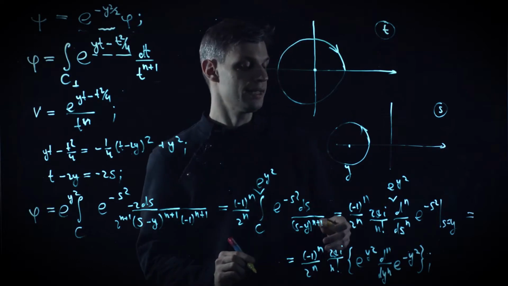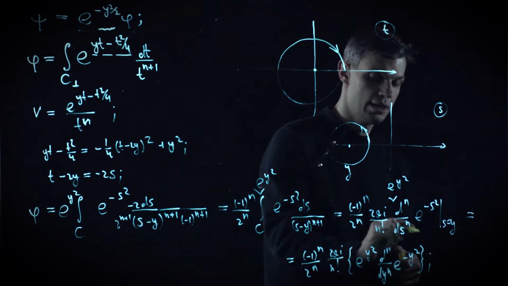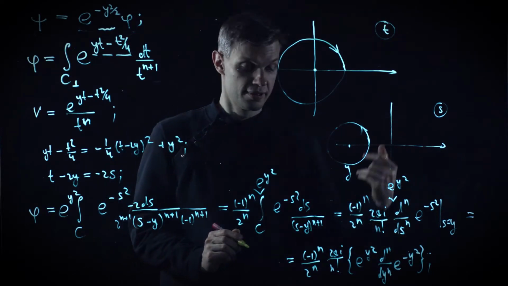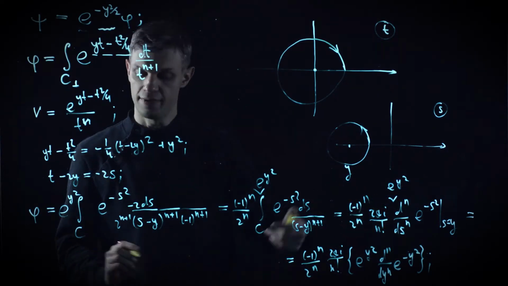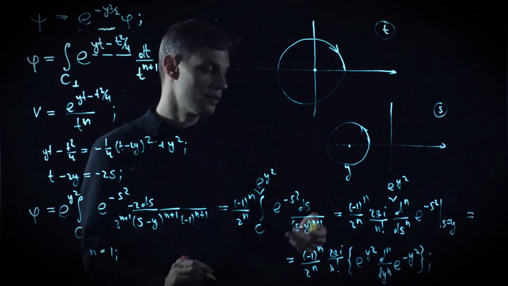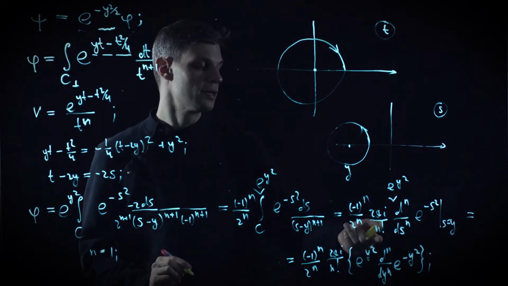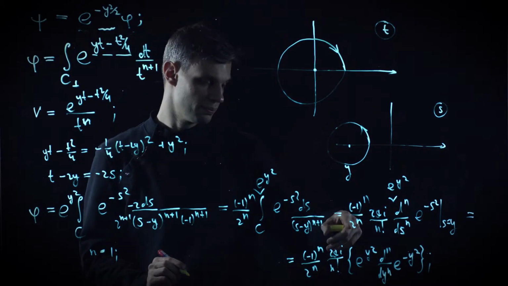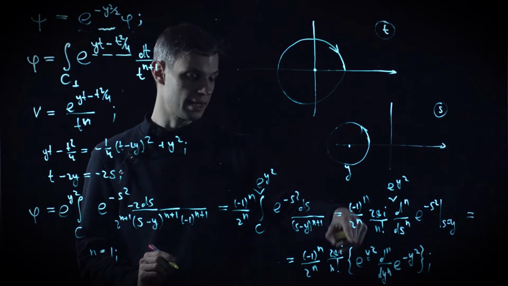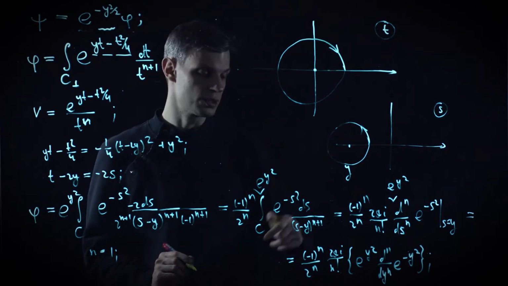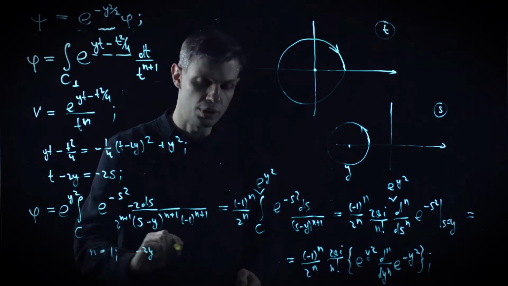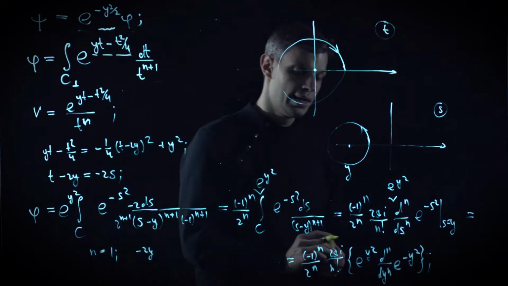Now let's study the structure of this expression in the curly brackets. For example, let's take the first derivative. If n equals 1, then the first derivative will simply give us minus 2y multiplied by e to minus y squared. And this e to minus y squared will cancel with e to y squared, and we'll simply have negative 2y in these curly brackets.